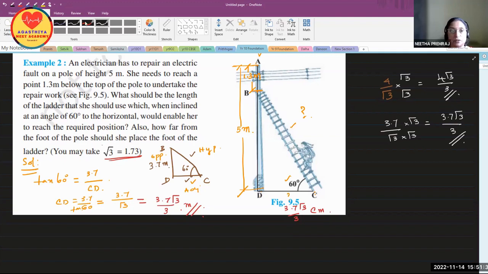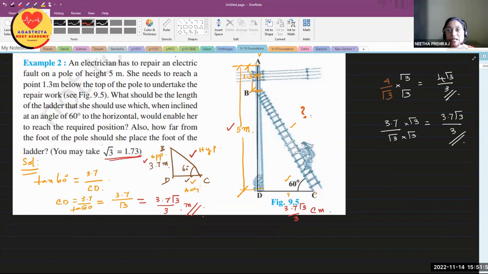This is given, and this you want to find. What is the relation between these two sides? You know the opposite side, you want to find the hypotenuse. What should you use?